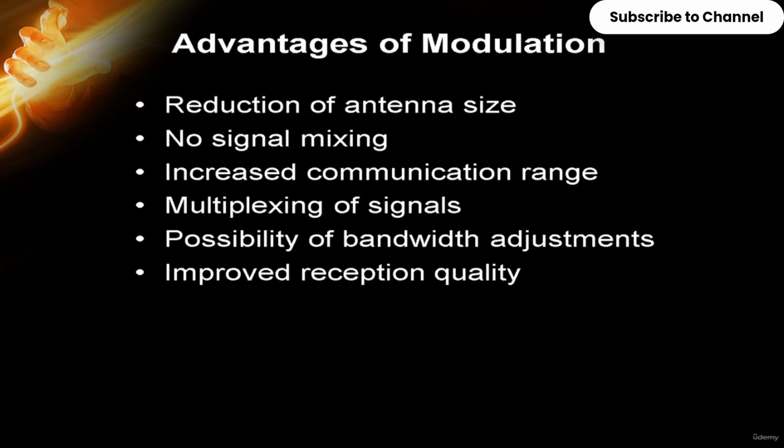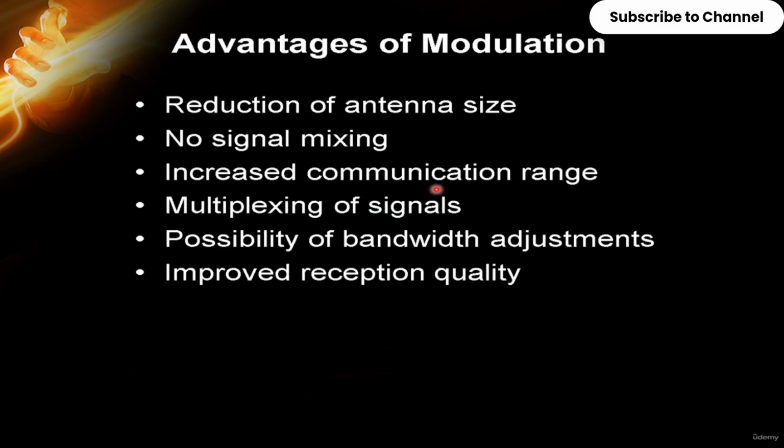So what are the advantages of modulation? Modulation reduces the antenna size. There is no need to deploy larger antennas, and no need of signal mixing, because we are using a carrier wave which carries our information without any fading.